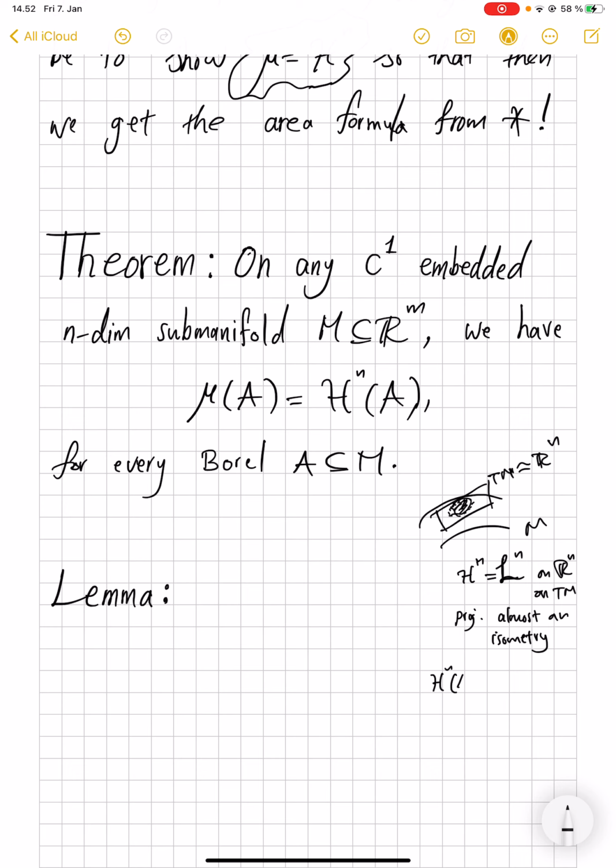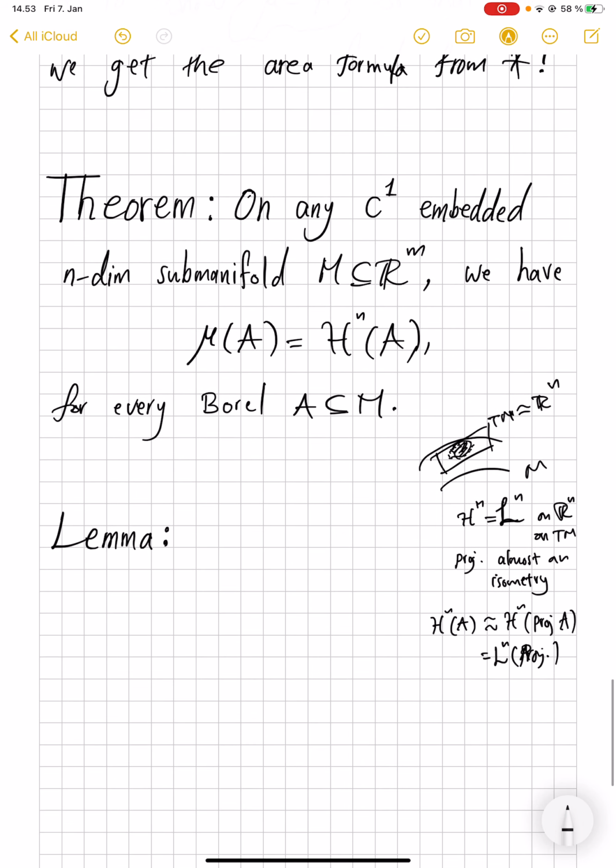So that the Hn of the set is almost equal to Hn of the projection of the set A. And once you know that this is Ln of the projection, from this you can say that this is close to mu of A, because you can use this inverse of the projection as a local parameterization of A, and the mu is the integral of the Jacobian of the derivative of the projection inverse.